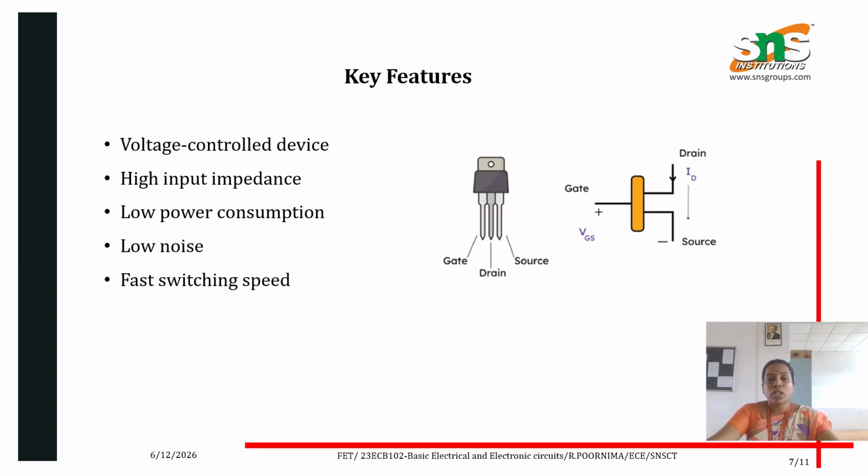Because of the construction of FET, it has very low power consumption and low noise because it is a unipolar device. BJT is a bipolar device that uses both electrons and holes for its operation, whereas FET is a unipolar device that uses only electrons or holes, so it provides very minimum noise and also fast switching speed. These are the features.